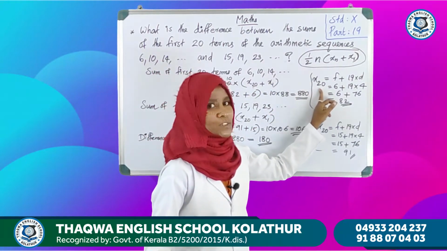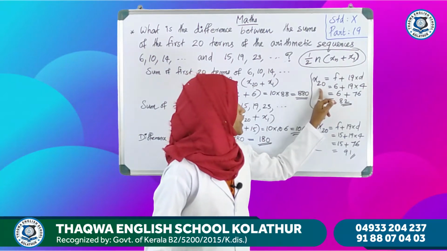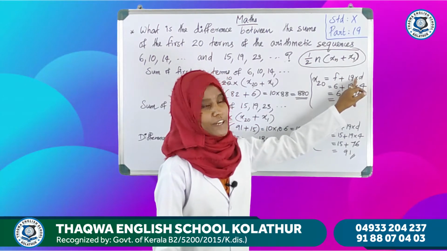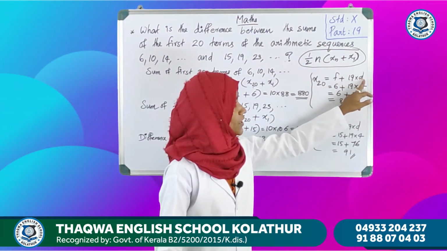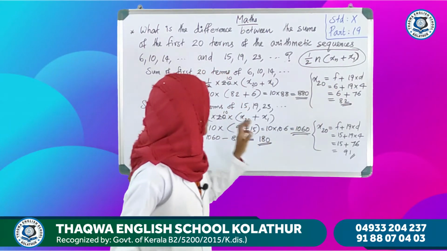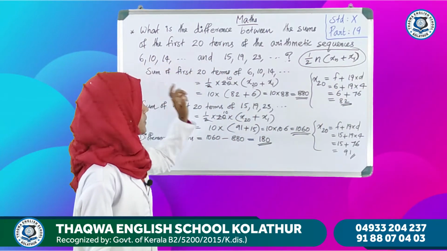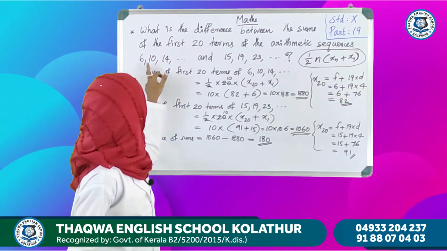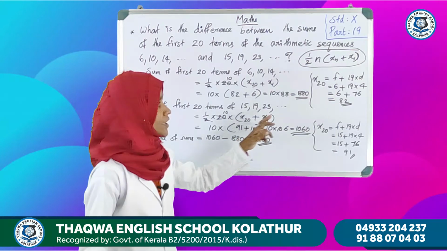Now we have to find the 20th term. The 20th term is the first term plus 19 times the common difference. The first term is 6. 6 plus 19 into the common difference. For 6, 10, 14, what is the common difference? 4.